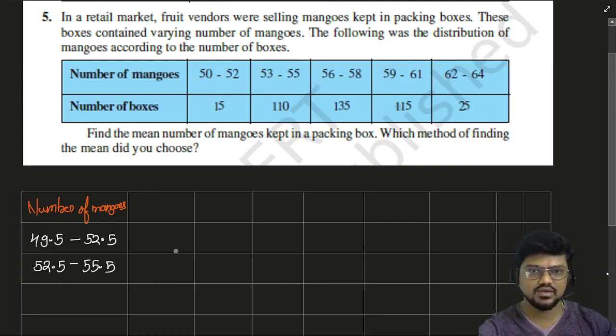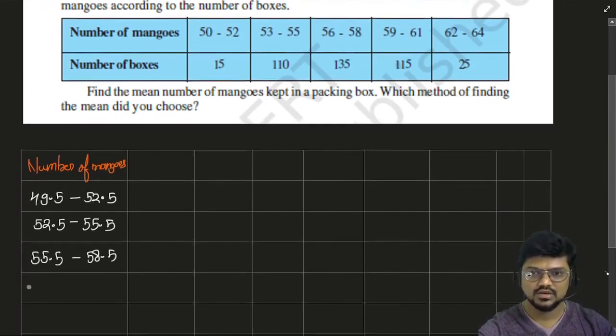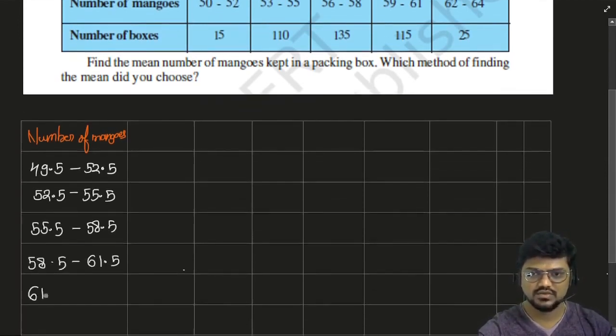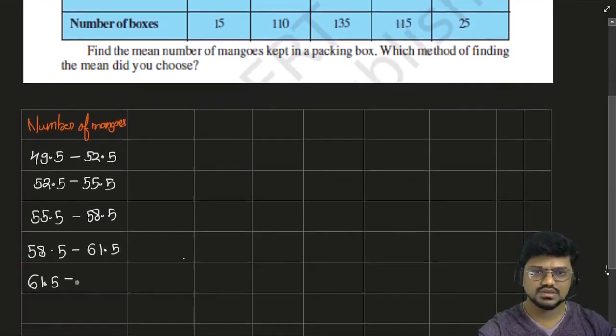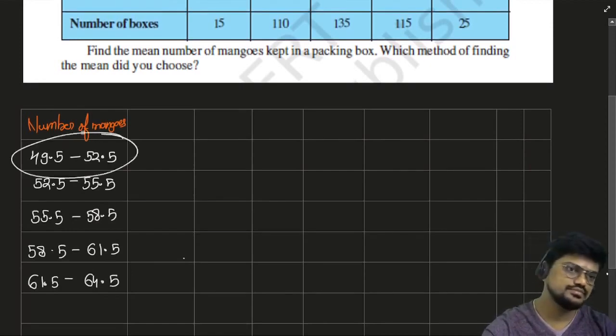So this will be, and over here it will again be 55.5 to 58.5. This will be 58.5 to 61.5. This will be 61.5 to 64.5. What is the class interval now?